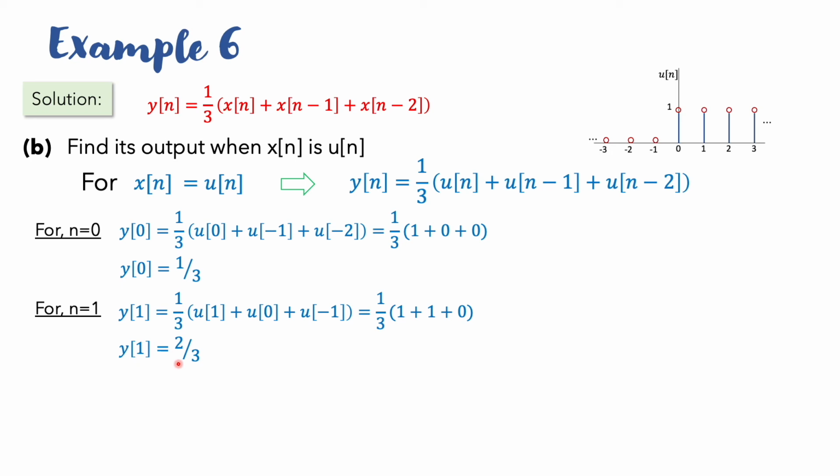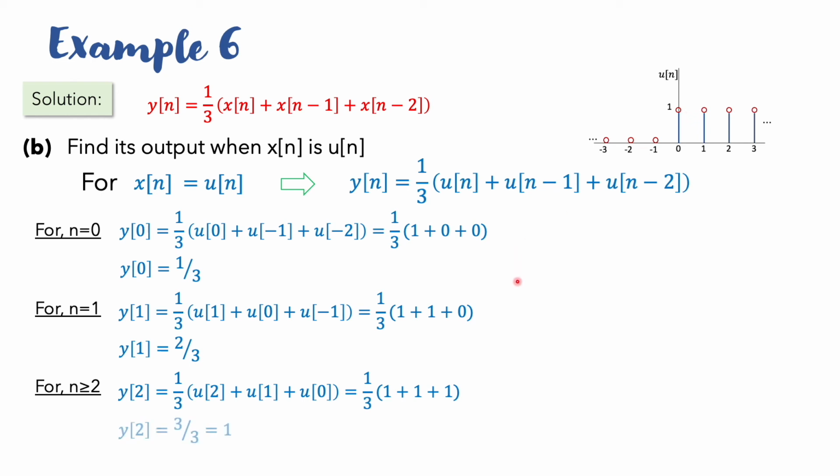Then for all n larger than 1. When we go to 2, it will be 1 plus 1 plus 1 divided by 3, which is equal to 1. And if you go towards 3 or 4, let's see, for 3, it will be u of 3, u of 2, and u of 1.